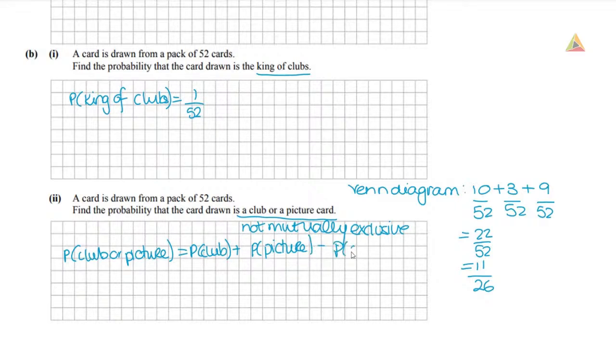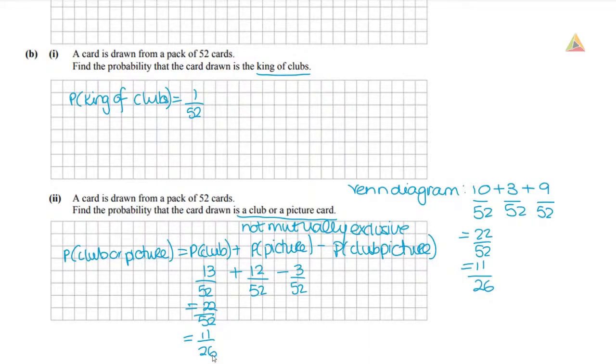So minus the probability of the club picture cards, because we'll have counted those twice. So the probability of a club is 13 out of 52, plus the probability of a picture card is 12 out of 52, minus the overlap, which was 3 out of 52. And when we add those together, we get 22 out of 52, which is 11 out of 26.